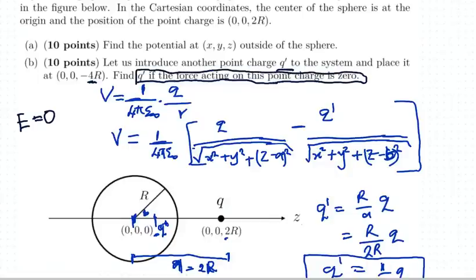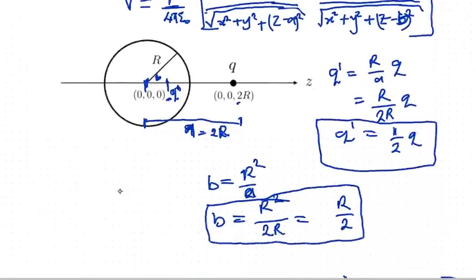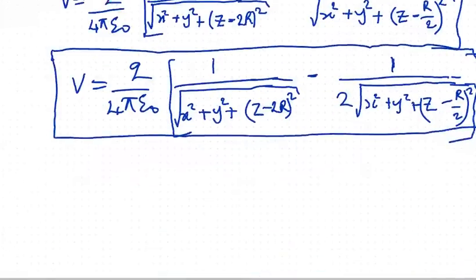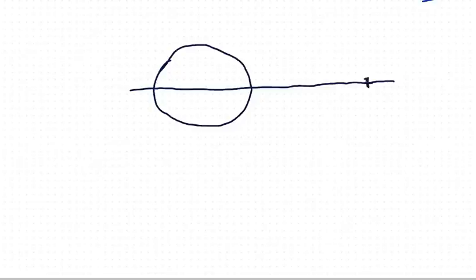Okay, to solve this, let's draw the diagram. Imagine this is the sphere, and we originally have a charge here, and the distance is 2r, and q is positive.